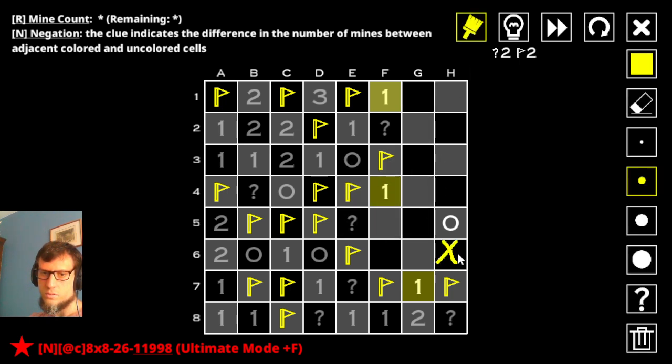So, for example, if this isn't 1, then that has to be 1. There we go. And that isn't. And that forces this to be, and also these not to be. But then this 1 just has no way out. So this is a mine, regardless.